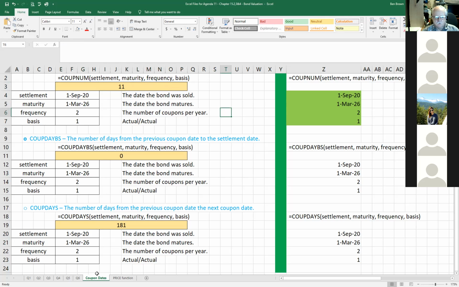So keep this file available whenever you're using bonds and only ever type in the green box. Don't type over here or you'll screw things up. But we can see that it's 11. So let's stop sharing this and go back to our whiteboard.